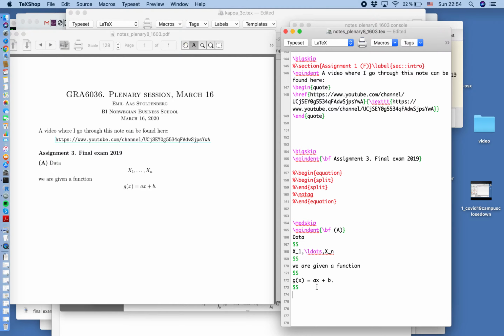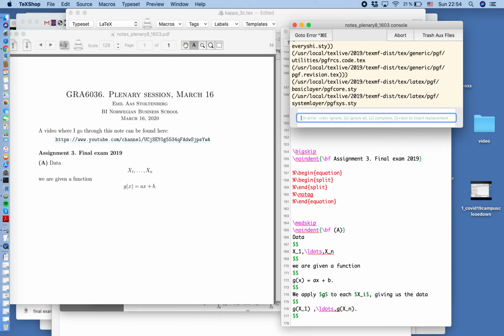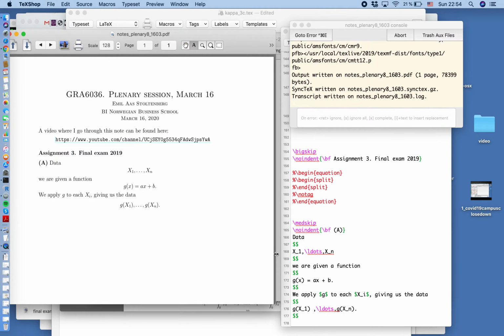So we apply this function g to each of these data points, and that will give us a new data set, or transformed data set. So we apply g to each x_i, giving us the data g(x_1) up to g(x_n). Okay, so this is the new data.